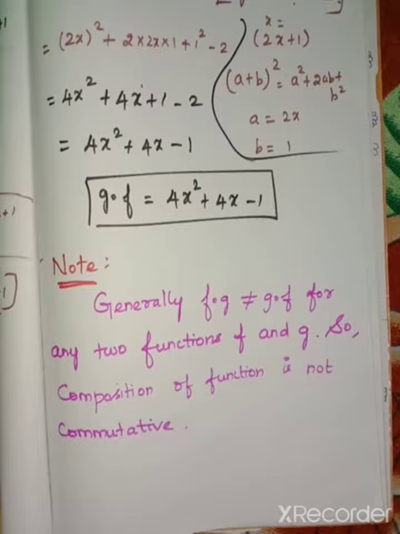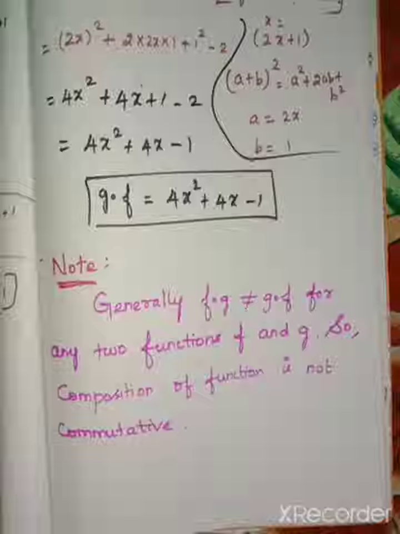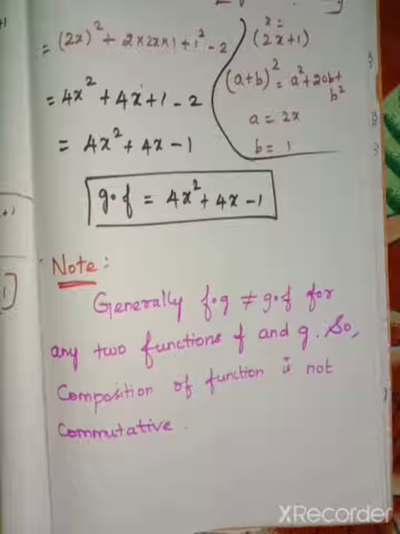In 9th standard itself we studied commutative, associative and so on. For this property, here also we can say that for two functions, f of g and g of f are always not equal, or otherwise we can say it is not commutative. This is an important rule we can use in questions, because many questions ask whether it is commutative or not, in one word: f of g and g of f are always not equal.